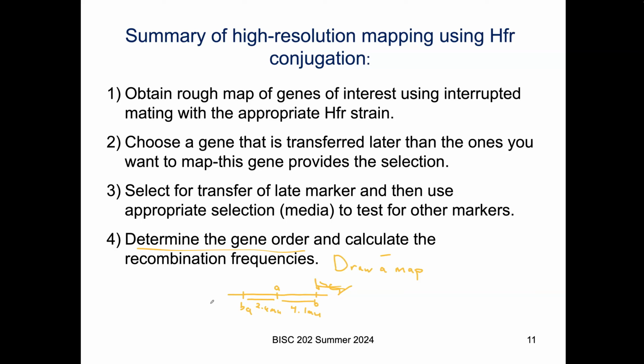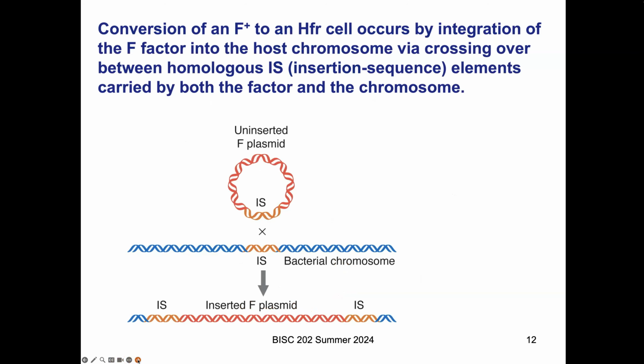But I can't find any information about the approximate distance in bacteria. I don't think a map unit in bacteria is equivalent in terms of physical length to the map units in eukaryotes, and I suspect they are smaller. But just for your interest, I thought some people might be interested in knowing that. Okay.